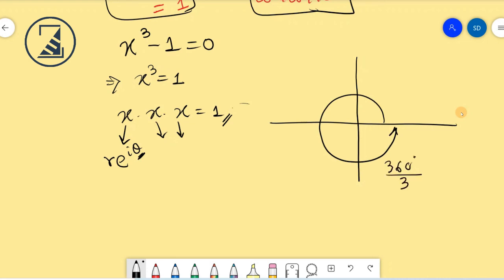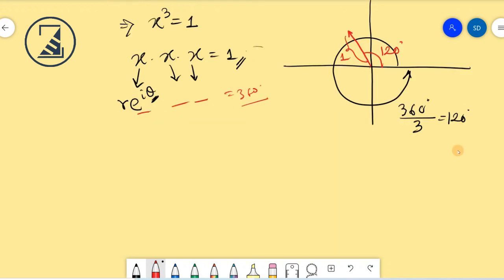And 360 degrees divided by 3 is 120 degrees. So I claim that one of the solutions of x cube minus 1 equal to 0 is a complex number with length 1 and an angle of 120 degrees, because this 120 degrees added 3 times will give me 360 degrees.